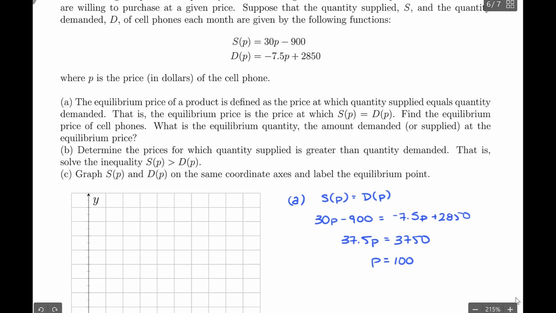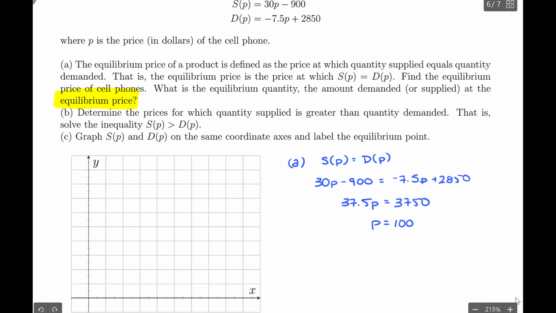So that gives us the equilibrium price. Now, if we wanted to find the equilibrium quantity, we take that $100 and we put it into either one of the equations, because it will generate the exact same value, since that's when these two equations are equal to one another. So we have our price is $100. That's the equilibrium price. And we want to calculate now the quantity of cell phones that will meet that particular supply and demand equilibrium.